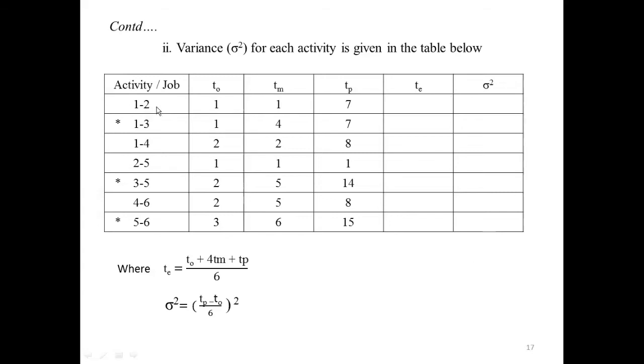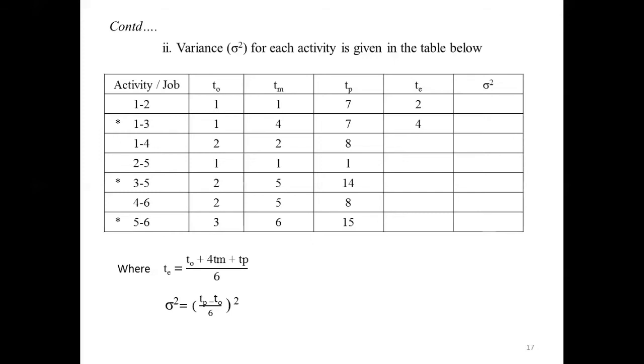For activity 1 and 2, you know the values of T naught, TM, TP. If you substitute, we will get TE for activity 1 and 2 as 2. Similarly, for the other activities, if you use this formula and calculate, you will get 4, 3, 1, 6, 5, and 7.